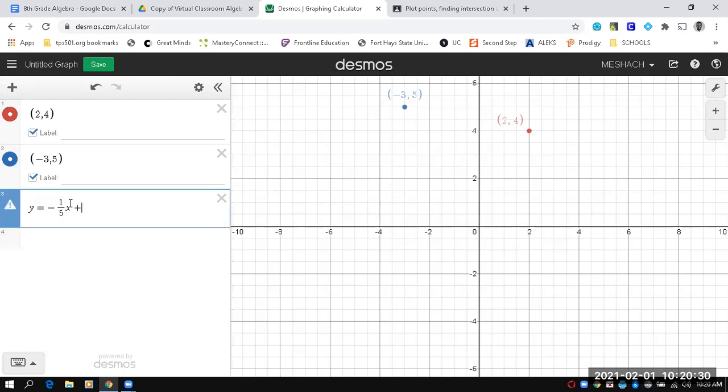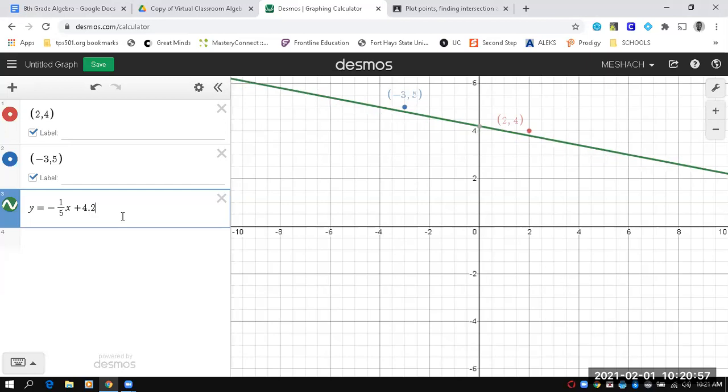What's the y-intercept? What do you think the y-intercept for this one would be? 4 point something, because 5 is right there in the middle. 4.2?